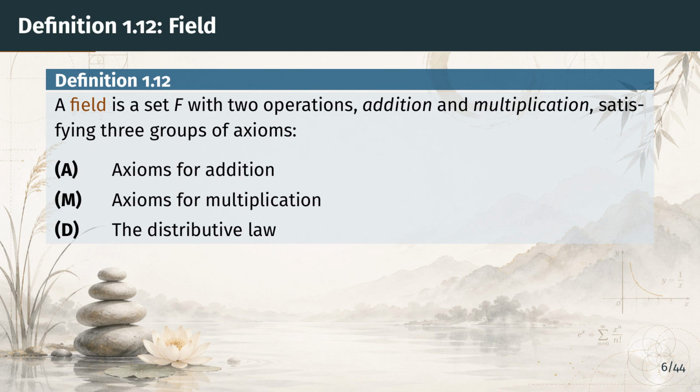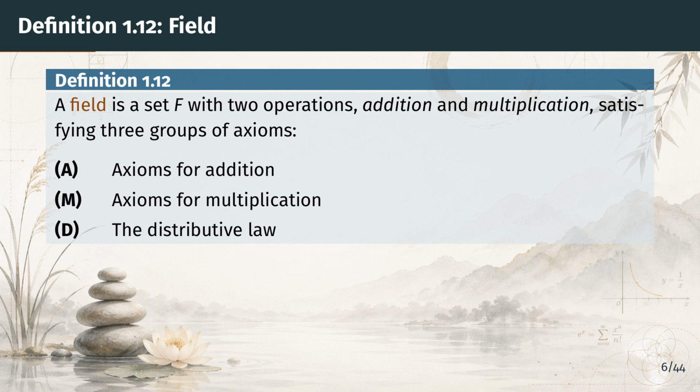A field is a set equipped with two operations, addition and multiplication, that satisfy a specific list of axioms. These axioms are organized into three groups: the addition axioms, the multiplication axioms, and the distributive law that links the two operations together.